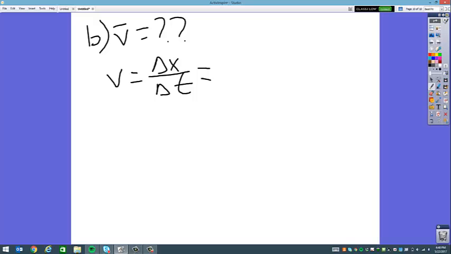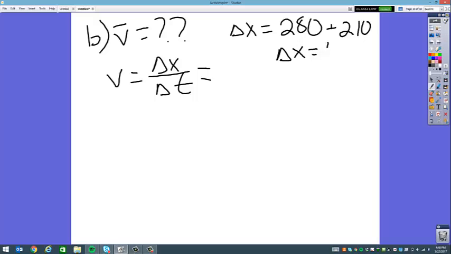So my displacement for this one would be 280 plus 210. So delta x is 490 kilometers south.